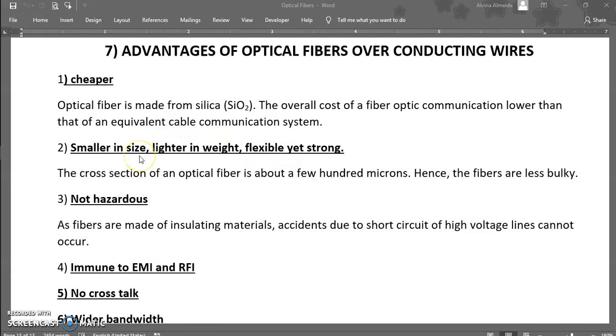The second is they are smaller in size, lighter in weight, and very flexible yet strong. That is because the cross section of the optical fiber is about a few hundred microns, and hence fibers are less bulky.